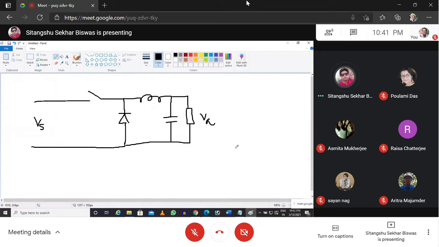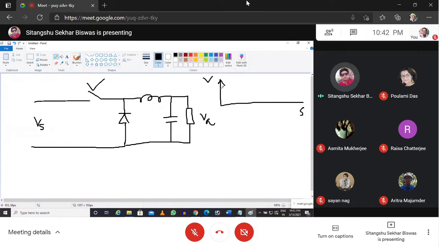This is the notation. So this switch, what it will do basically, for a certain period it will be on, and for a certain period it will be off. That means basically we are going to do the volt second balance. So this side is V and this side is second.